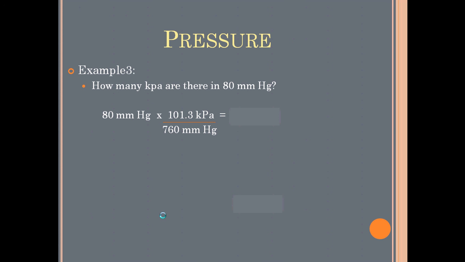Example 4 asks how many torr are there in 1,800 millimeters of mercury.